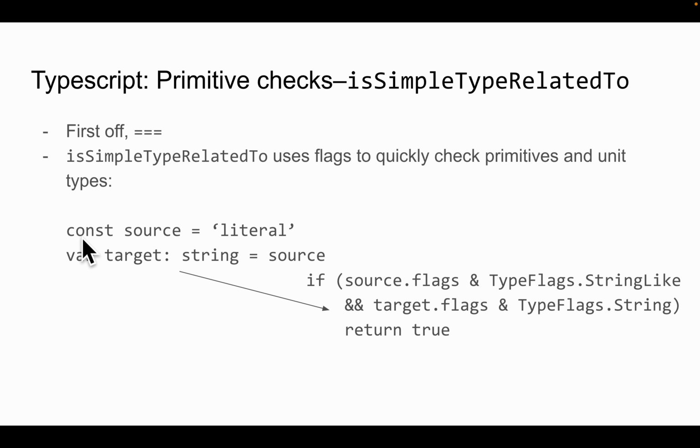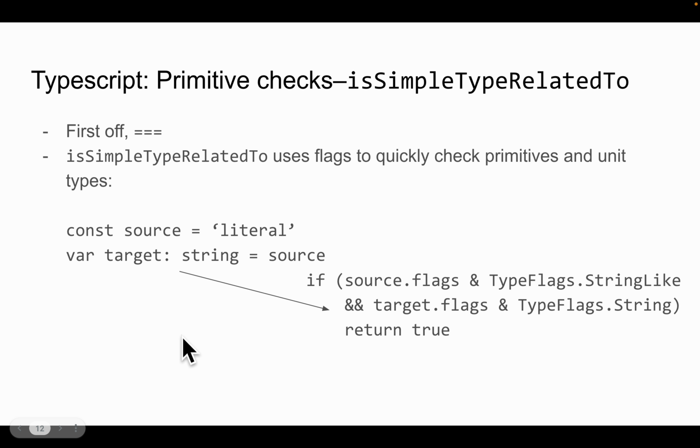So for example here, if you have const source equals a string literal, that gives the source the type flags dot string literal, which happens to be string-like. So we do this check where if the source flags are string-like and the target is string exactly, then you know that they are assignable.